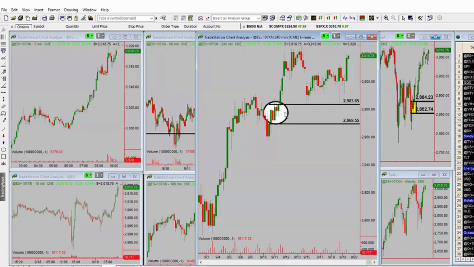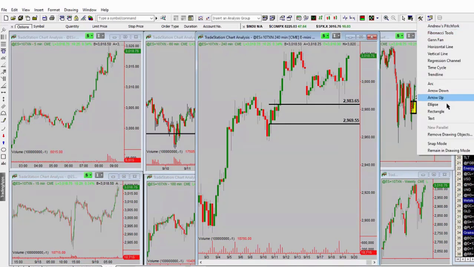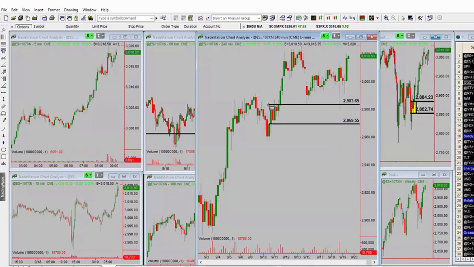So, just so you're not confused, let me get rid of that white circle, and let me go here. Okay, so there's our demand zone, right?